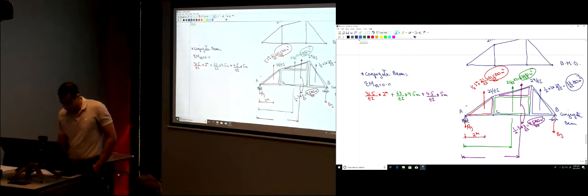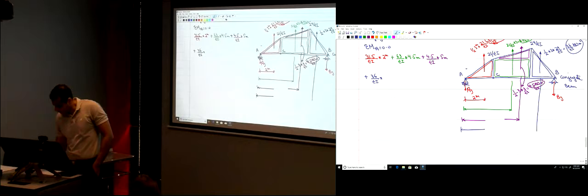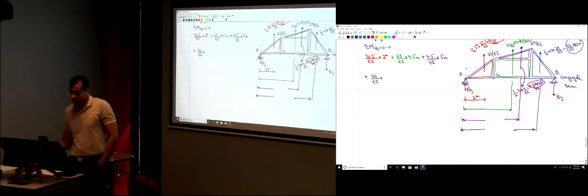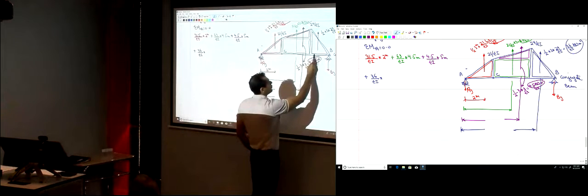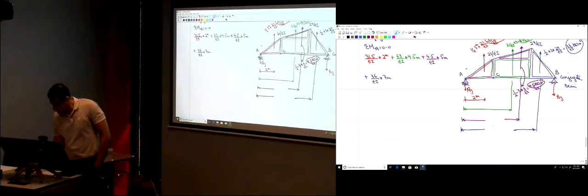And then plus the blue force, 36 divided by EI multiplied by its distance from point A. This is 3, this is 3, and then this is just 1/3 L. L is 3 as well, so just 1, so that's 7 meters. And this distance here is 5 meters, and this distance here is 4.5 meters.